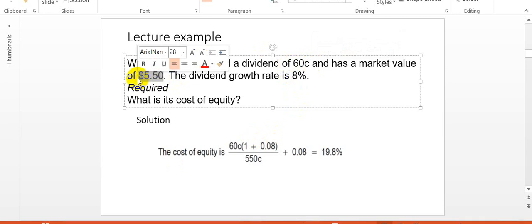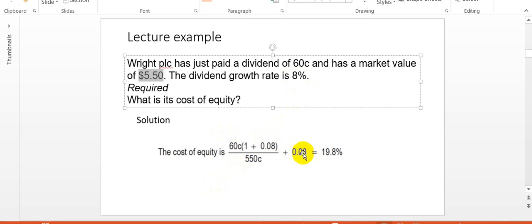So you need to change the market value in dollars to cents as well as you apply them in the formula, in the 60 cents there. The percentage, remember, you have to divide by 100. That becomes 0.08.